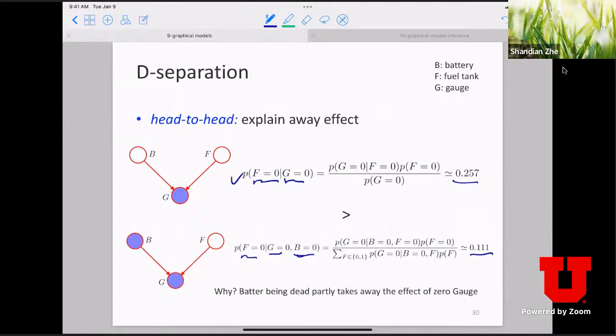So you can see the first posterior probability is larger than the second posterior probability. This phenomenon is called the explaining away effect. That means our probabilistic explanation of why the gauge is zero is partly taken away by the fact that the battery is dead.